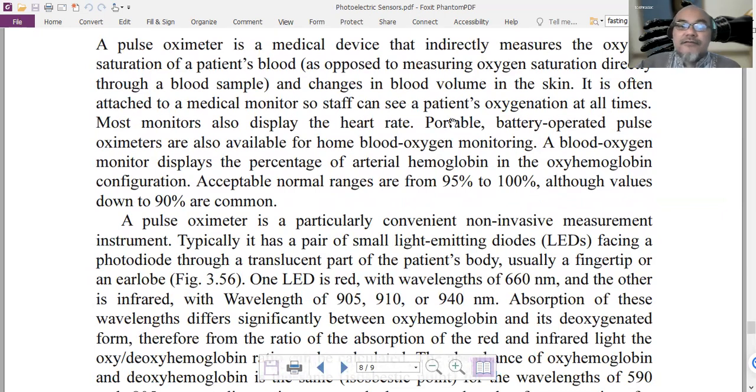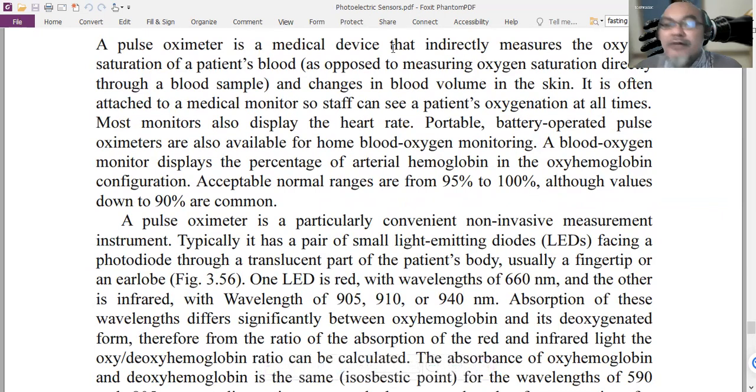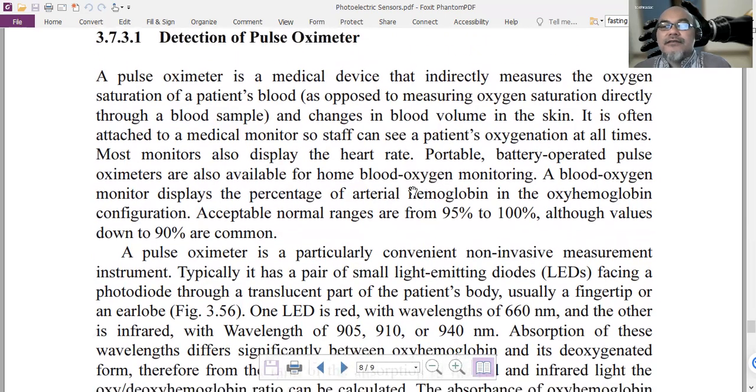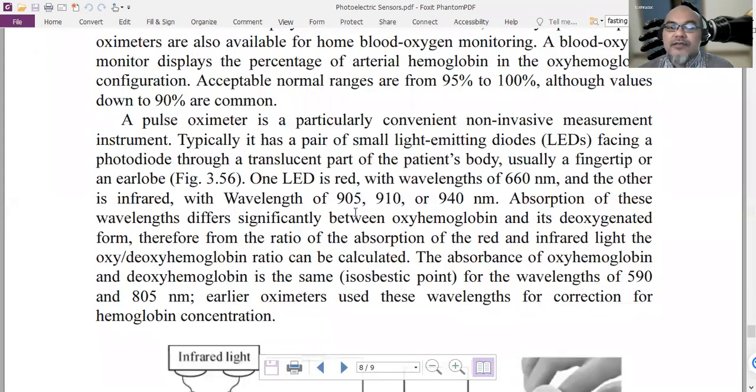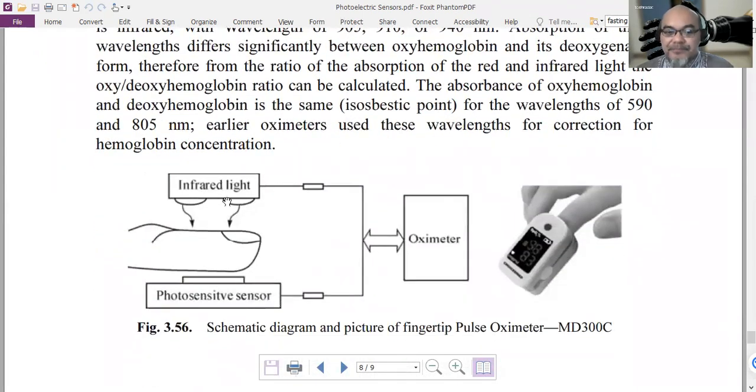This is quite an important sensor now in the pandemic time, because many of the patients can undergo hypoxemia, where they have very low oxygen content in the blood. And this oxygen content can be measured using a pulse oximeter.